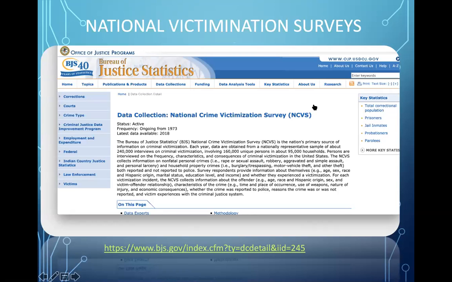What it is, it's a way that the US Department of Justice tries to go out there, and instead of getting information through police and through the courts, we try to just contact people and see, hey, we don't want to turn you in, we don't want to get you arrested, we're just trying to find out how many victims we have out there. And so it's another way of trying to get statistics so we can find out how many actual victims we have out there.